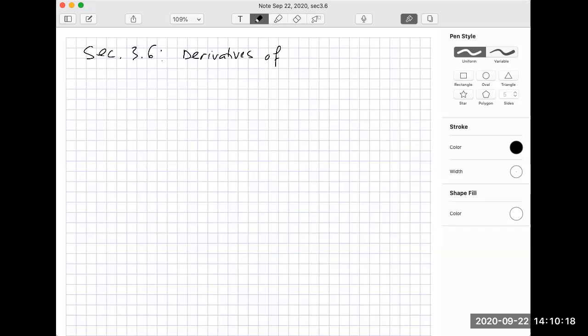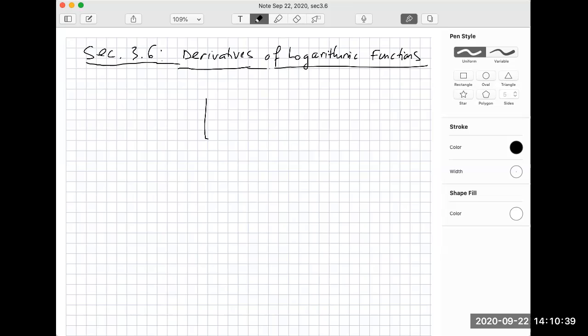Derivative of logarithmic functions. Okay. Again, let me start with this.